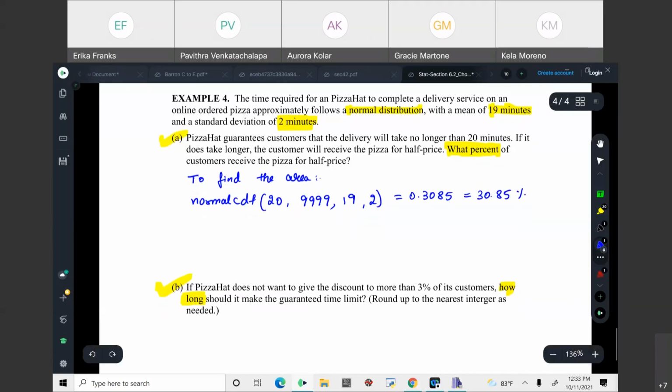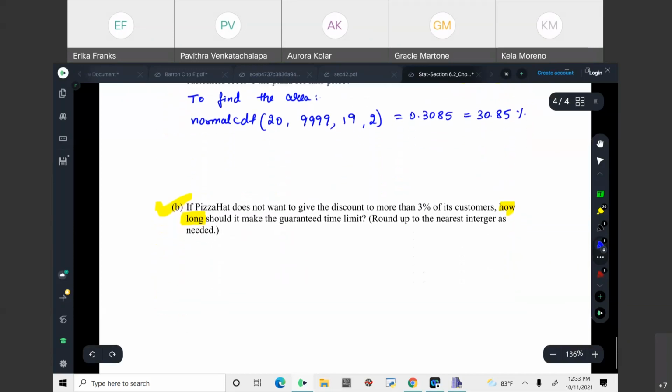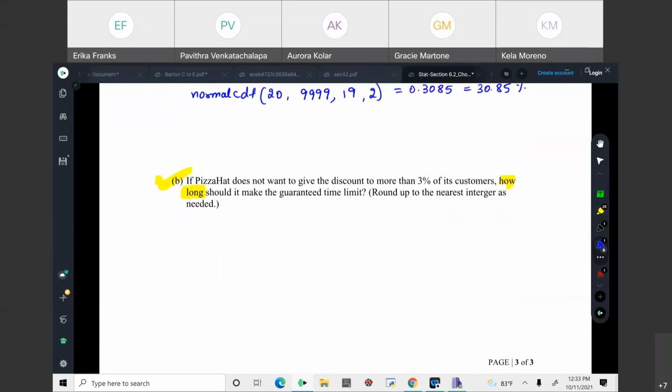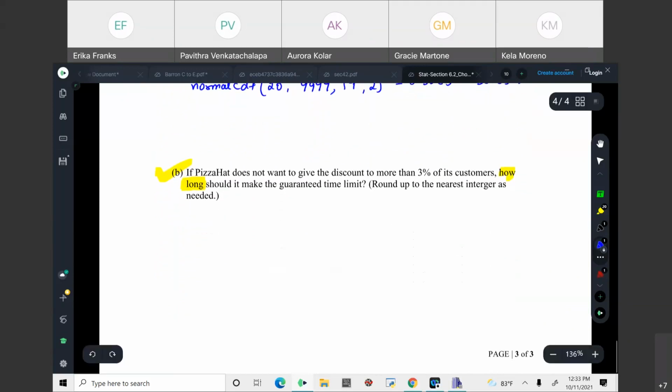Now, option B. You have something given as a discount, which is 3%. How long should it take? The guaranteed time limit. So definitely, if they are giving you something like a percentage, that is kind of an area. So if the area is given, you are supposed to find the X score.